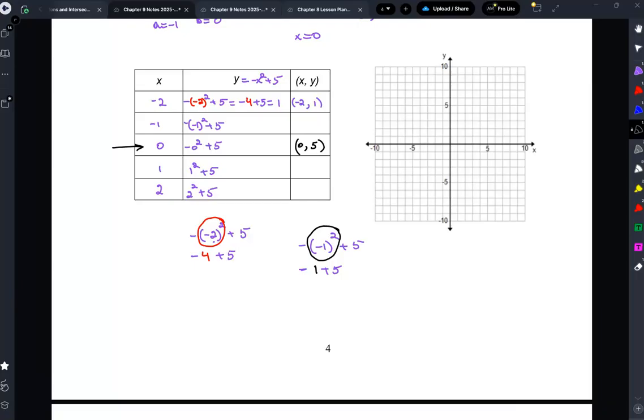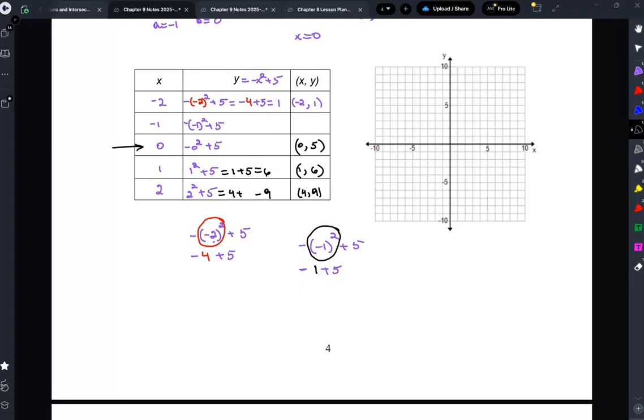So 1 squared plus 5 is 1 plus 5, 6. 2 squared plus 5 is 4 plus 5, 9. Why deal with the negatives when you can just do it with the positives?